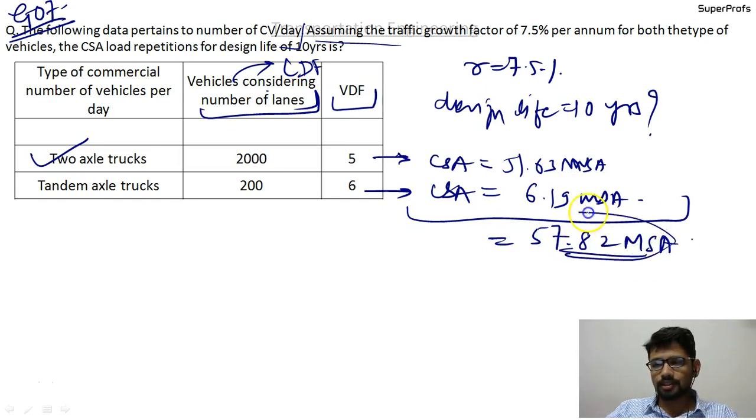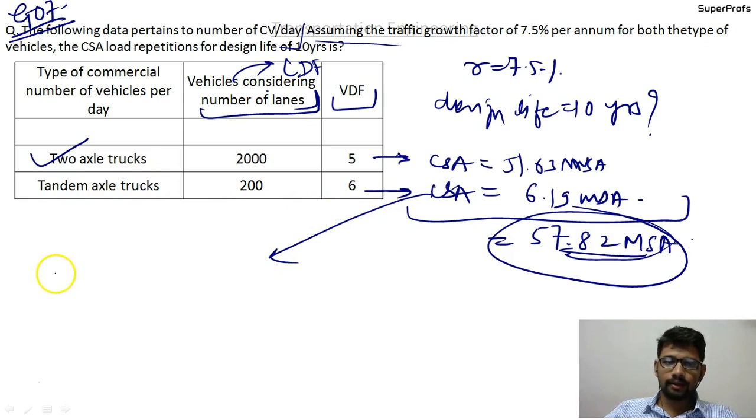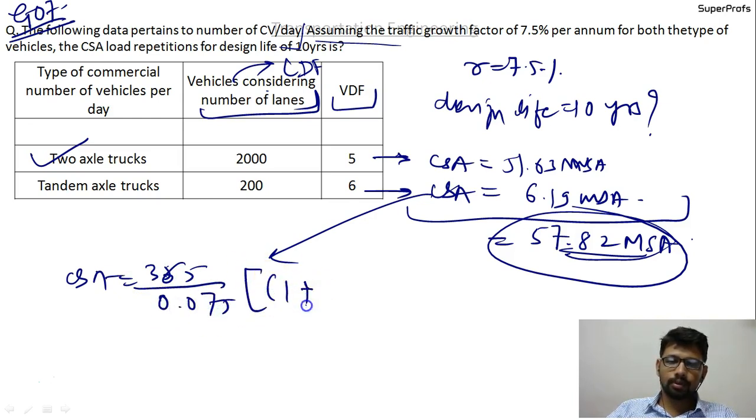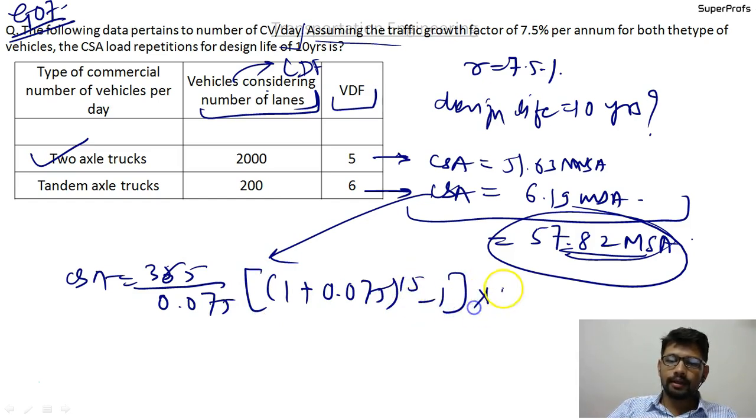I am not going to solve this, but let me show the calculations for this value. So CSA is equal to 365 upon R, 0.075, in bracket 1 plus 0.075 to the power 15 minus 1, into 200 because only 200 vehicles, and 6 is the vehicle damage factor.